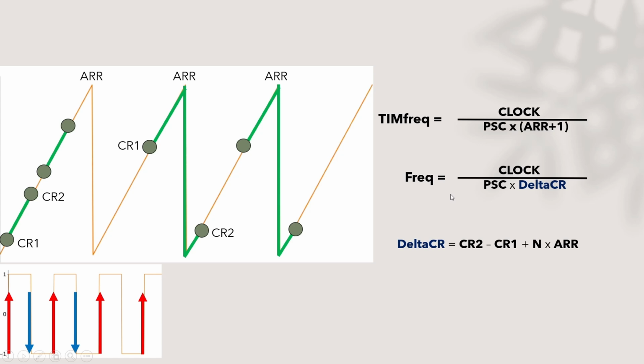Technically, when we are acquiring duration, it's not a frequency strictly speaking, because the frequency is really between the same edges. But we can just say the formula is the same, so we just do 1 divided by frequency to get our duration.